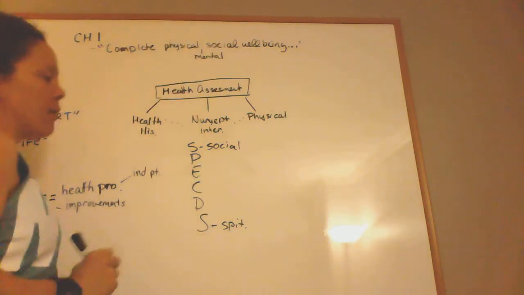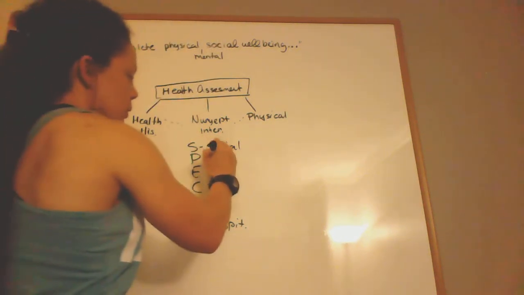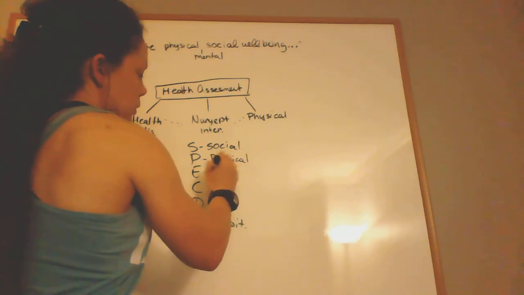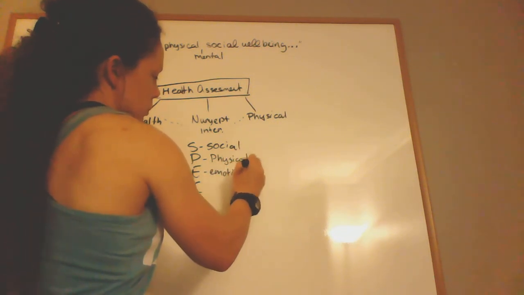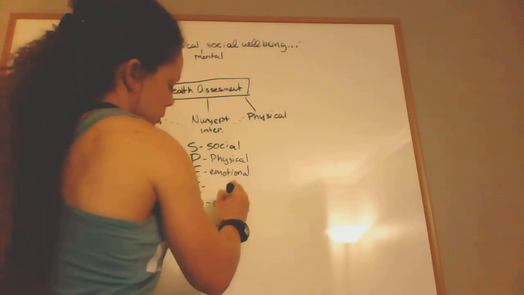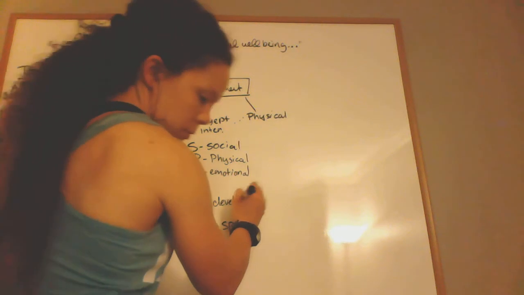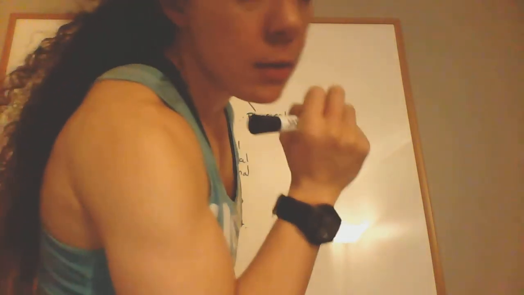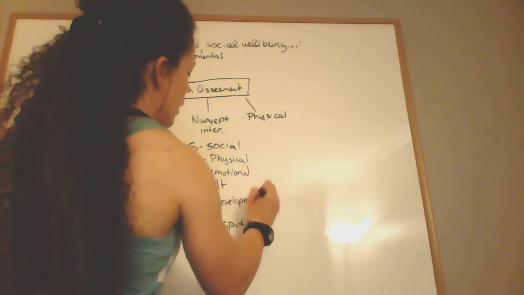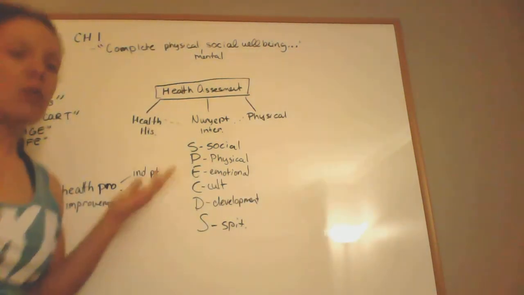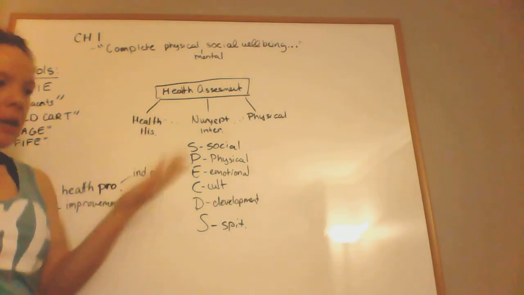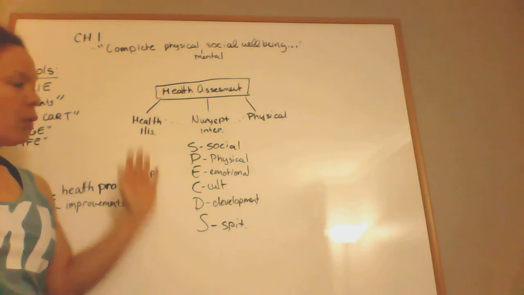And of course, I abbreviate everything, but we have physical, emotional, developmental, and cultural. Okay, so social, what's our social network like? We need to encompass all aspects of the patient. Again, there are a lot of aspects to people, but these are a way to break it down a little bit better.